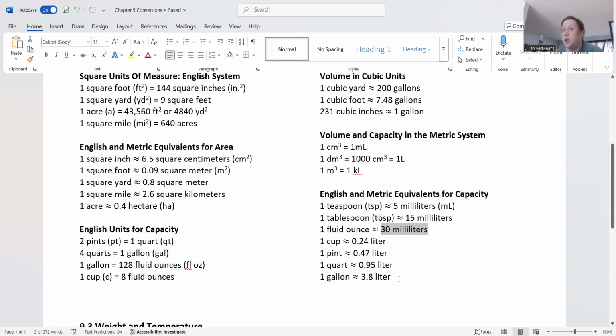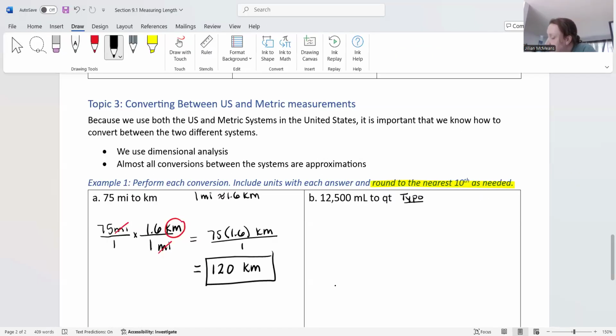So instead, we're going to keep in mind that 1 quart is 0.95 liters, and I'll show you the process here because we're going to have to do two different conversions. So 1 quart is 0.95 liters.